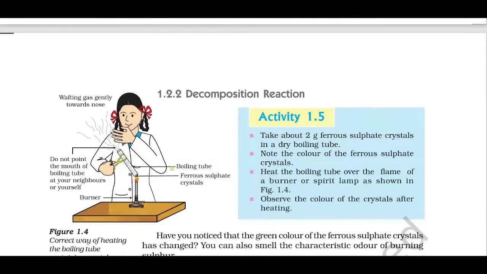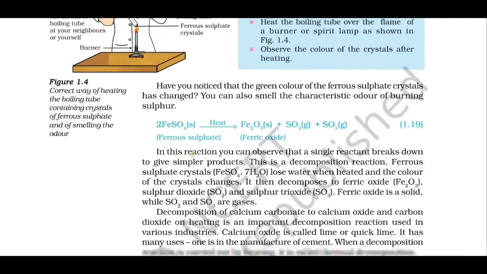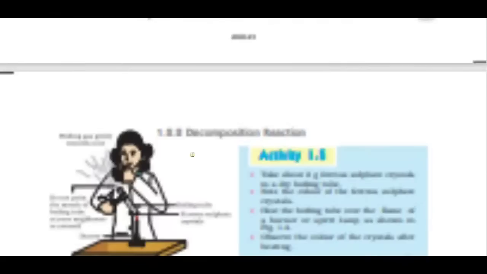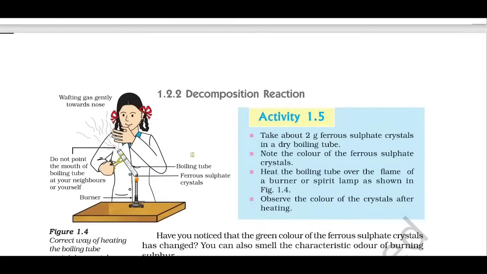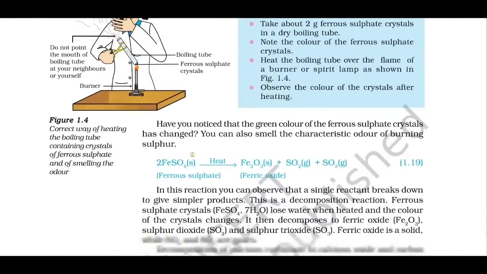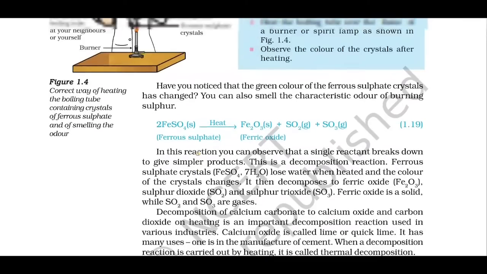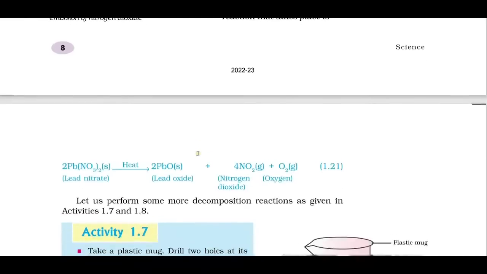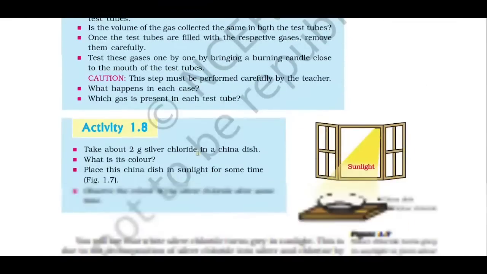The next type of reaction is decomposition reaction. What is decomposition reaction? A single reactant decomposes into two or more products. It is called a decomposition reaction.